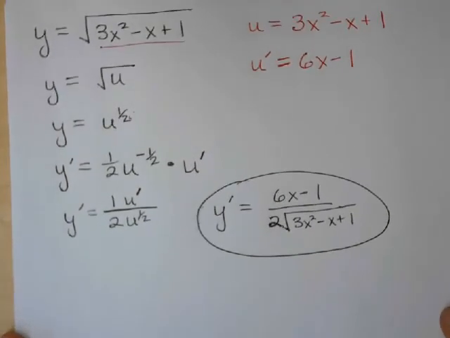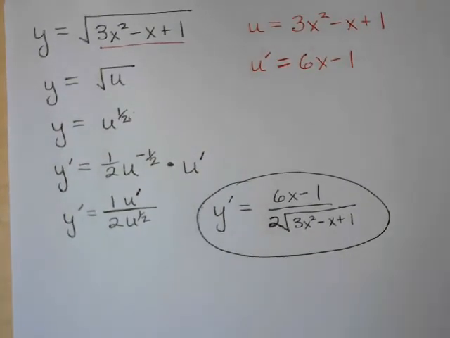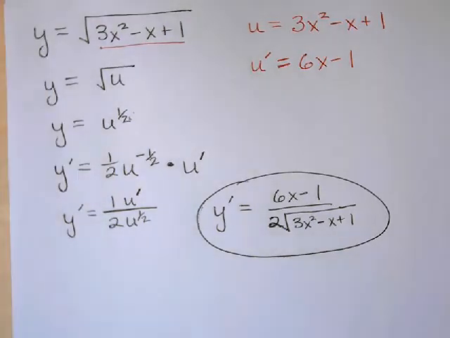So it is helpful to do the u and the u prime off to the side sometimes. Some people can see it without doing this. Like I see it's something to the 1/2 power, so it's 1/2 times this to the negative 1/2 power times the derivative of that. Yeah, chain rule.